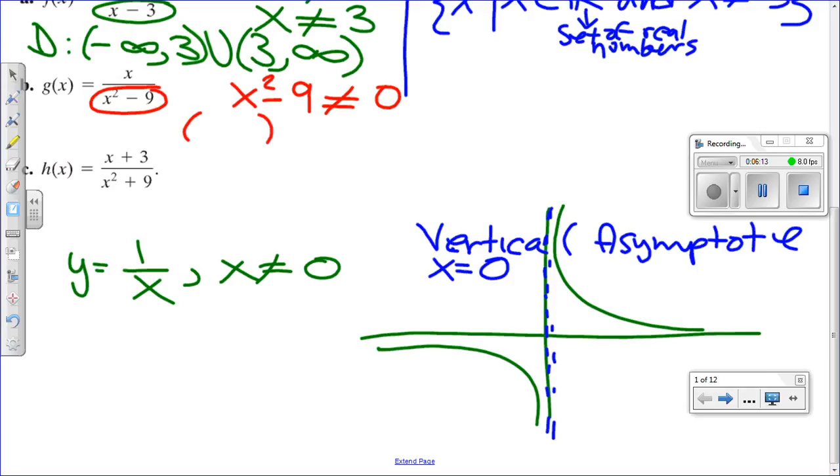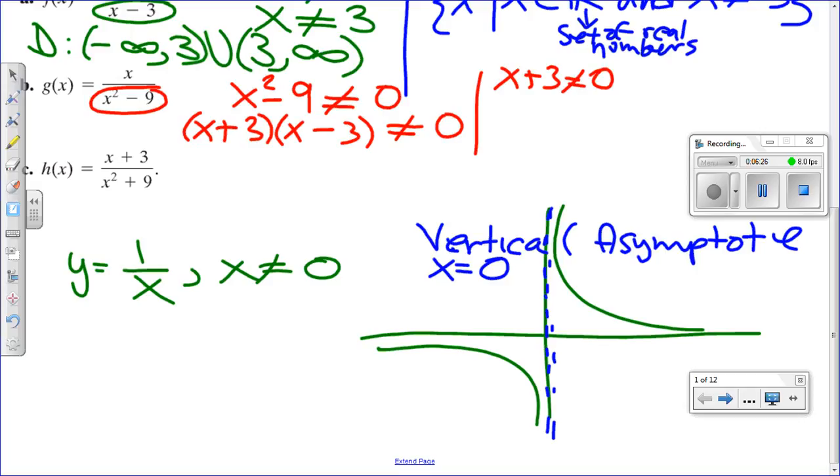In this case, we can factor, and that is the difference of squares. So x plus 3, x minus 3. From here, you could set each factor not equal to 0, since we're finding domain. So x cannot equal negative 3, and from the other factor, x cannot equal positive 3.